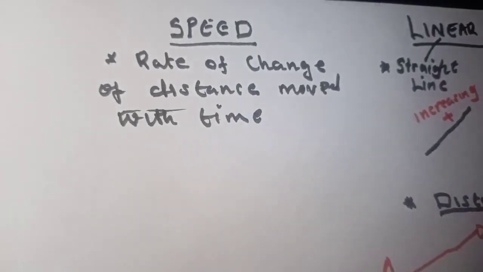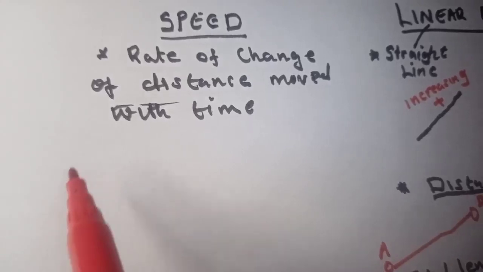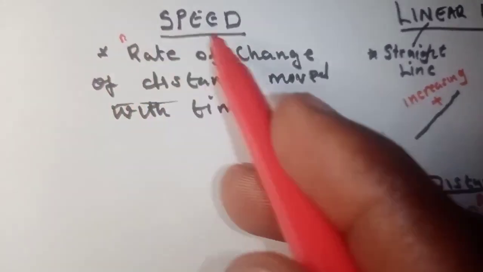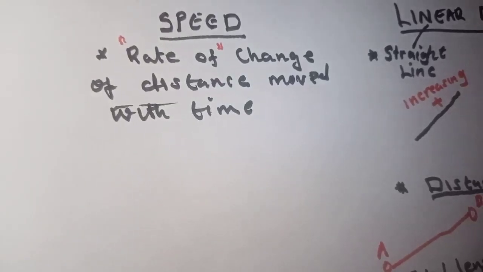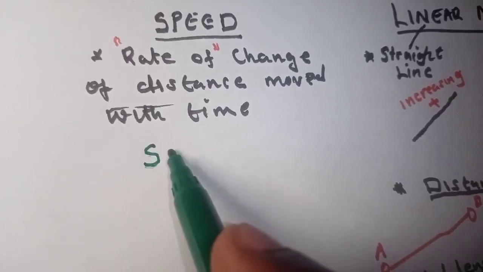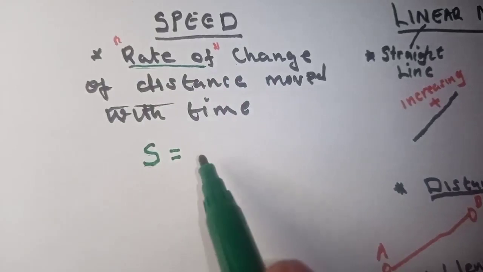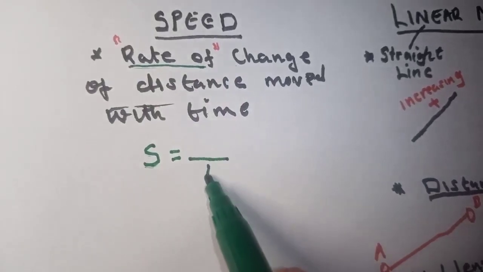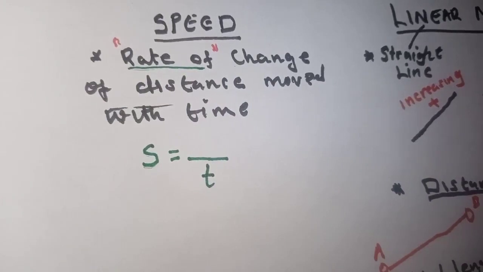Let me tell you a secret. Whenever you hear a definition starting with rate of change, just know that when you want to write the formula, because of the statement rate of, the formula will be divided by time. So we're saying it's the rate of what?